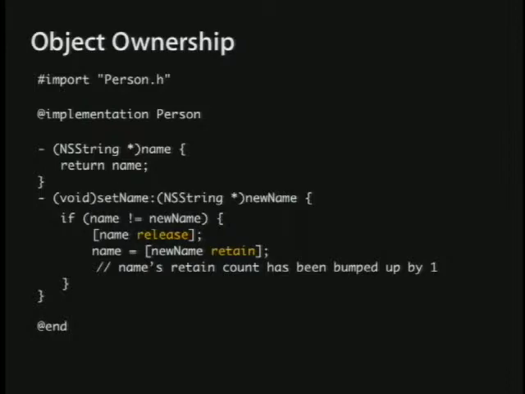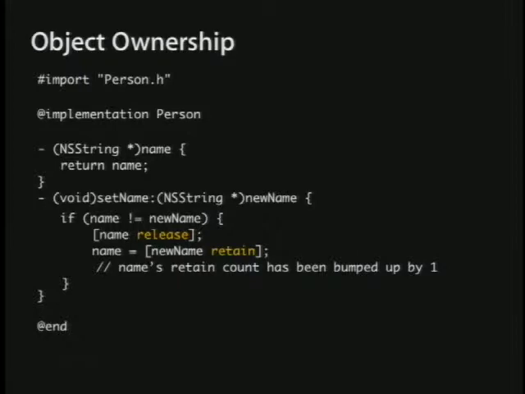So, one question I always hear is, why do you have to do this if statement? Why not just go ahead and do it? Well, let's say somebody passes in a new name that is the same object as the old name, and you're the only one that's holding a reference to it. Your person object is the only one holding a reference to it. If you went ahead without this if statement, you're going to release the old value, which is your value, which is going to cause that dealloc method to be called immediately.